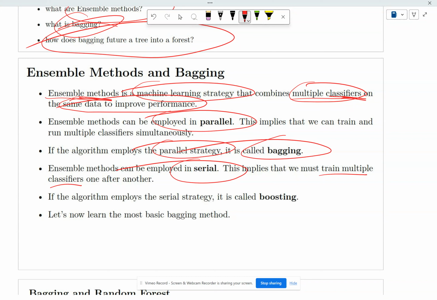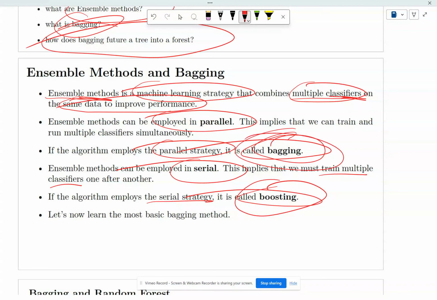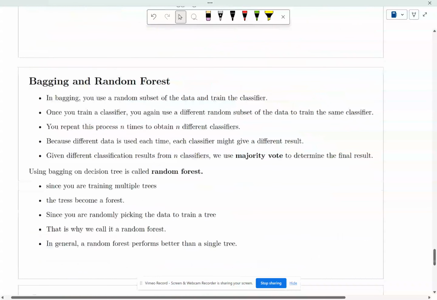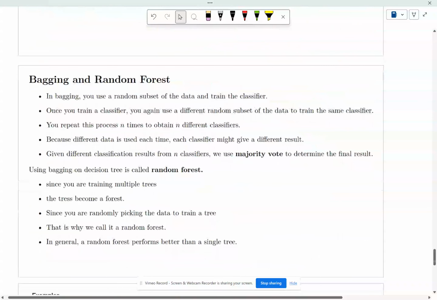We take the output of one and put it into the input of another one. If the algorithm employs a serial strategy, it is called boosting. So that's the difference between bagging and boosting. For today, we're just going to focus on bagging because this leads directly into random forest. Okay, so bagging and random forest.